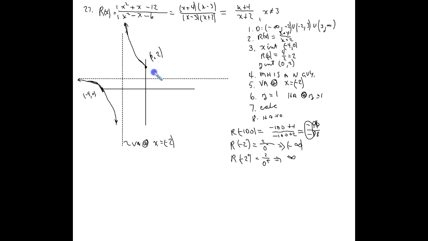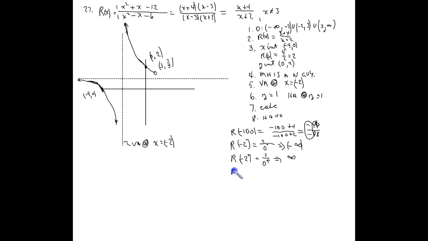So there is a hole here, and as I graph it, this hole is going to be at 3, comma, 7 over 5. And those are the coordinates of the hole. So that's a key point to show there, or a void if you want to say it. It's not in the domain.